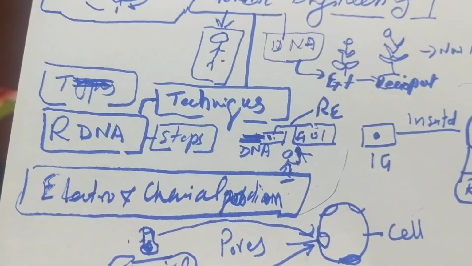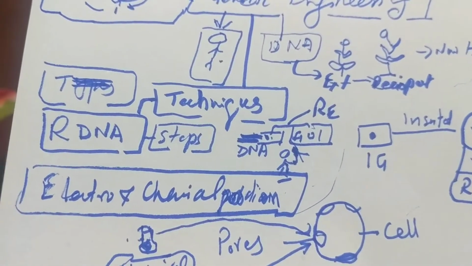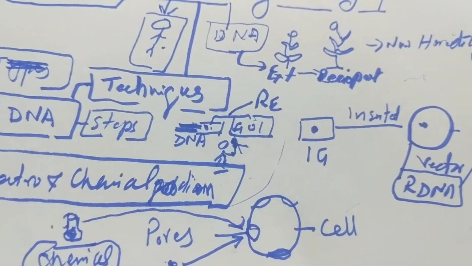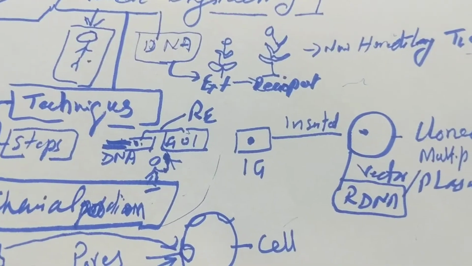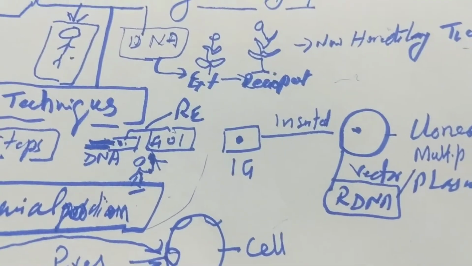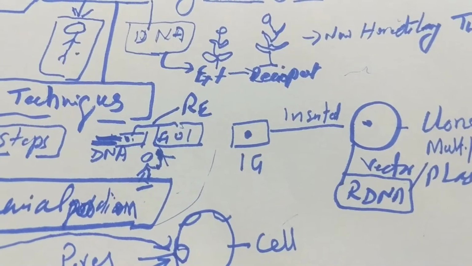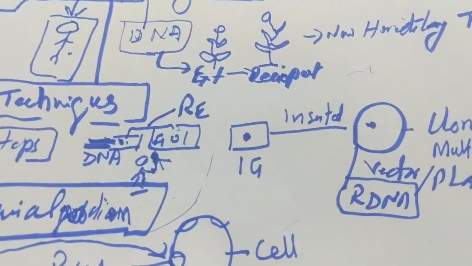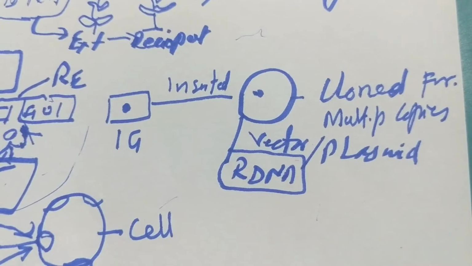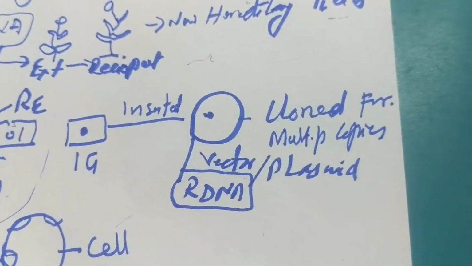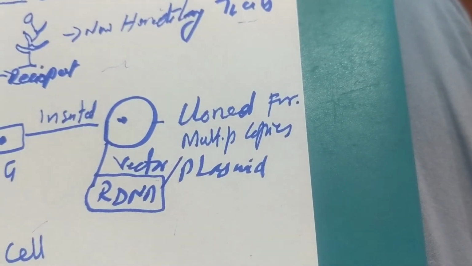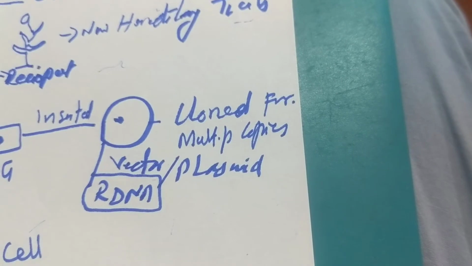One is rDNA. rDNA means recombinant DNA technology. In this technology, the following are the steps. First of all, DNA with the gene of interest is extracted from an organism by the use of restriction enzymes, and then this gene of interest is inserted into the vector or plasmid for cloning to get multiple copies.